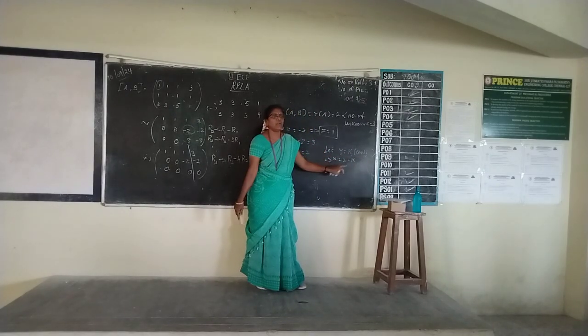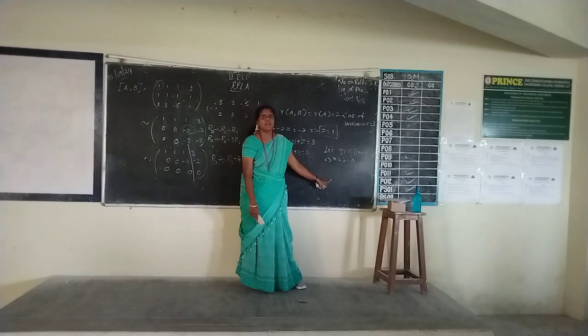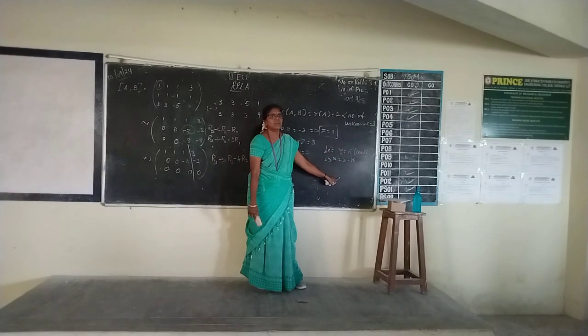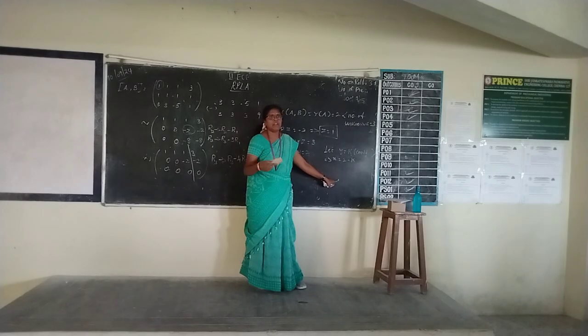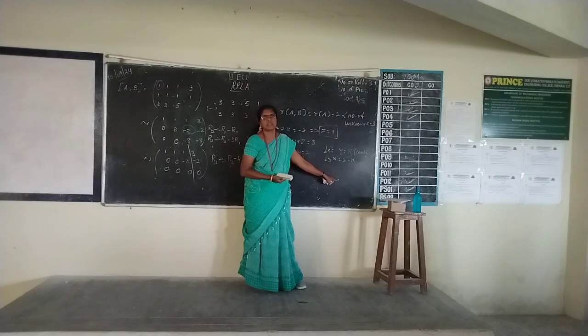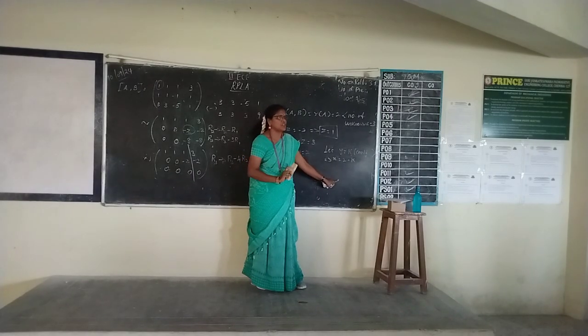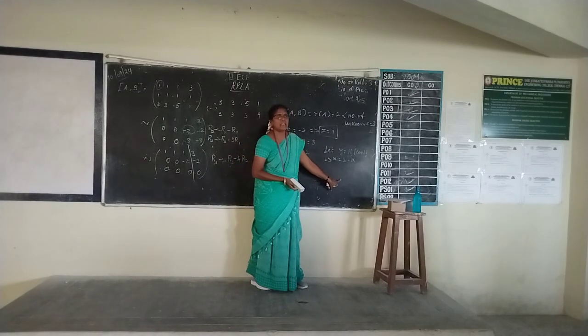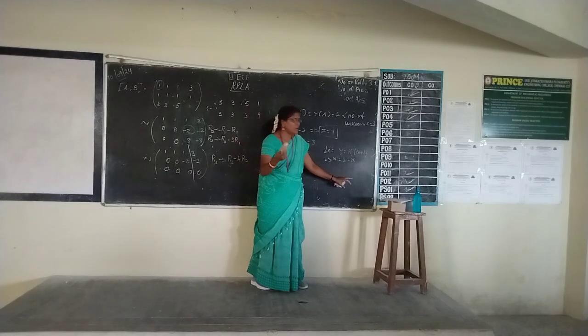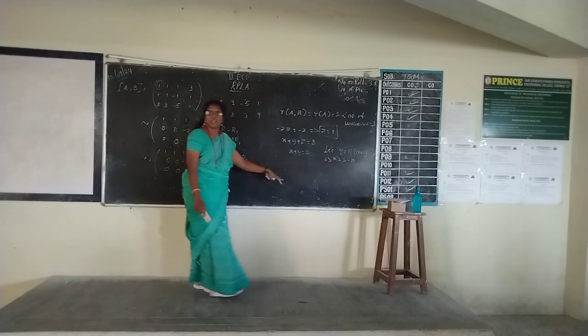If k equal to 1, what will be the answer? k equal to 2, k equal to 3. According to the k value, how many solutions are we going to get? An infinite number of solutions. Again, the eigenvector I discussed already. This is how we must solve it. Any doubt?